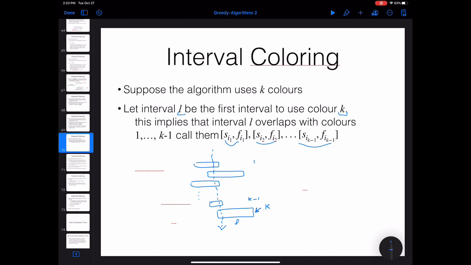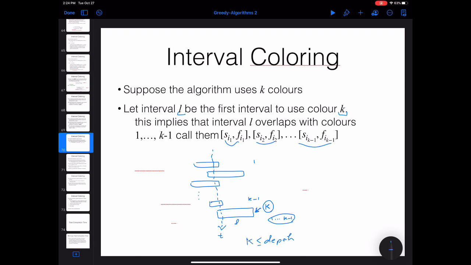Otherwise, if there is no such time, instead of k I would use one of the colors from 1 to k minus 1, right? So definitely there is some specific time t at which all of these are running. If that is the case, the depth is definitely greater than or equal to k.